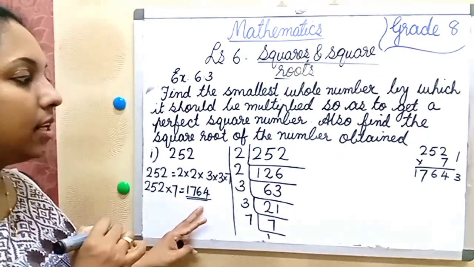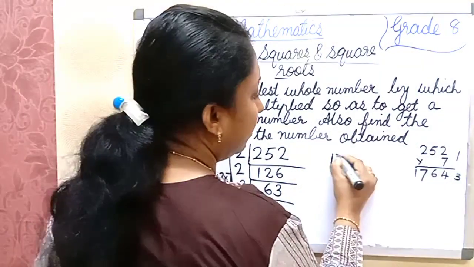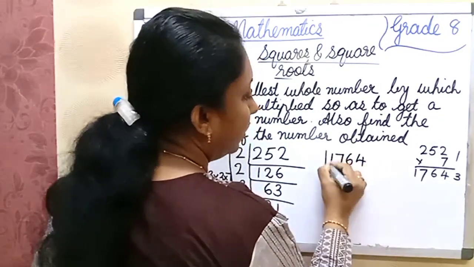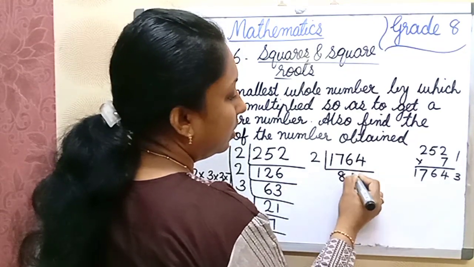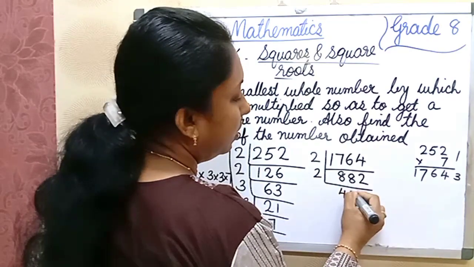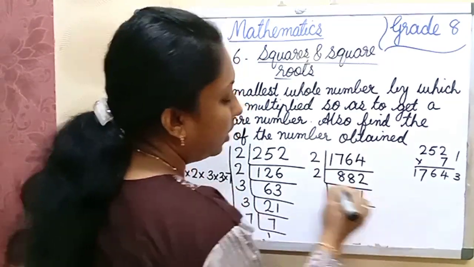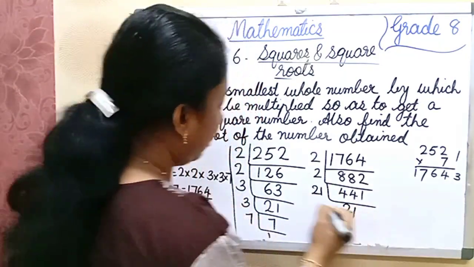Now we can check what is the square root of 1764. We can divide by 2, then 2, 441. Square root of 441 is 21.